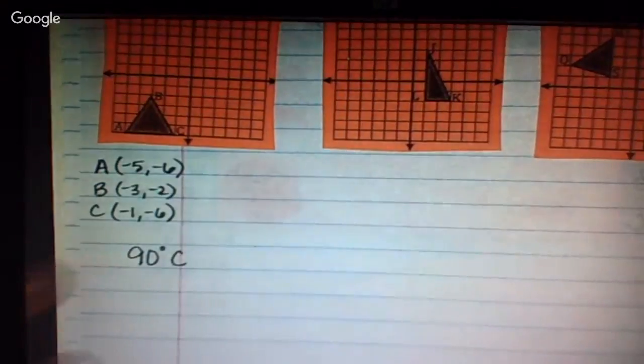All right. So we're going to try to come up with these points under a 90-degree clockwise rotation. Let me give you a little hint. Anytime that you go 90 degrees or 270 degrees, you flip your points.